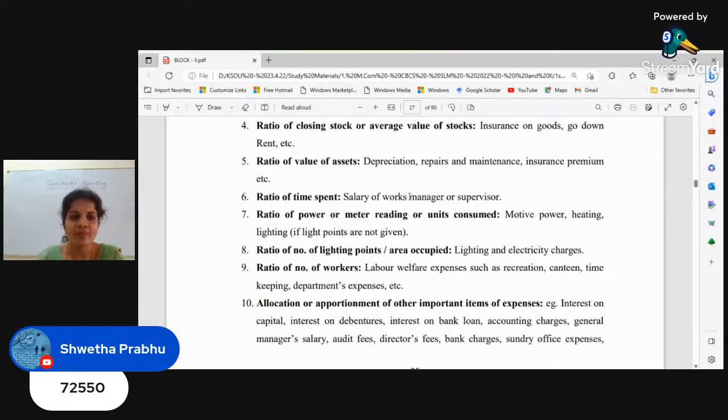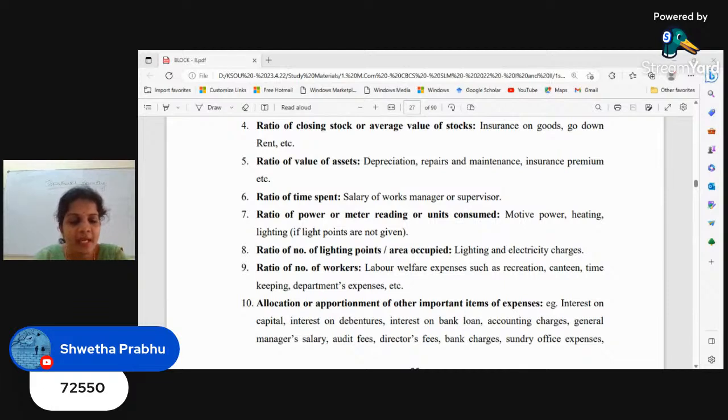Then the ratio of value of assets. In the majority of cases we take depreciation, insurance, etc. based on sales. But sometimes, if there are furniture or assets divided based on the department, suppose department A has so many assets and department B has so many assets, then in that situation the depreciation can be allocated based on the value of the asset.